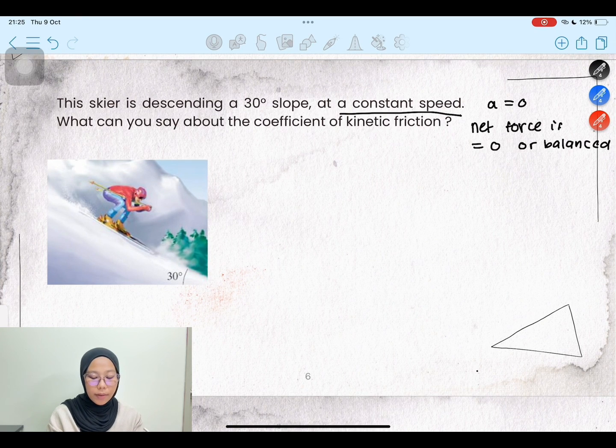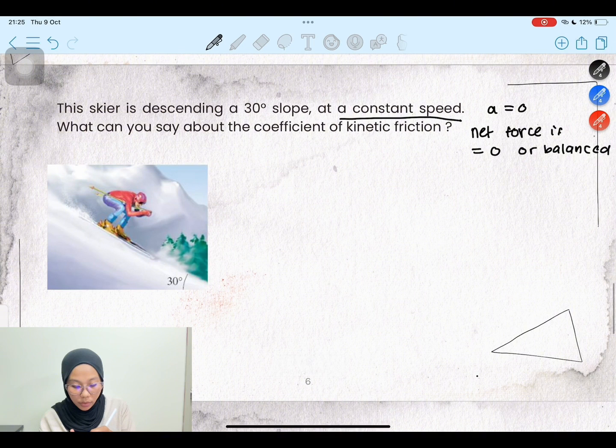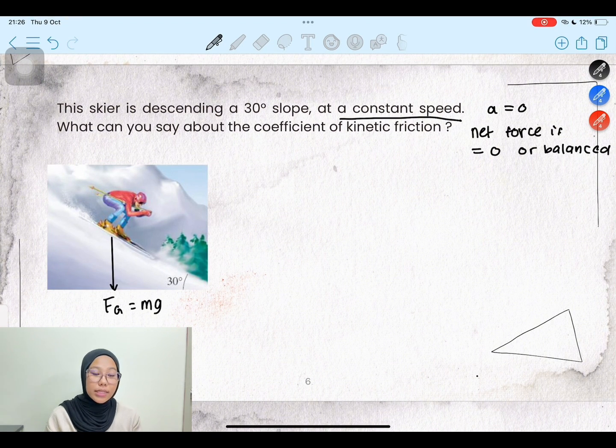Let's take a look at the diagram to resolve what forces we have here. First of all is weight. Weight is always towards the center of the earth, so that means it is downward. We put it as Fg. Fg equals mass times gravitational acceleration.